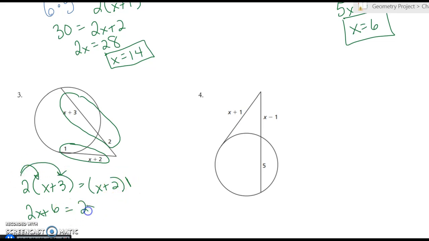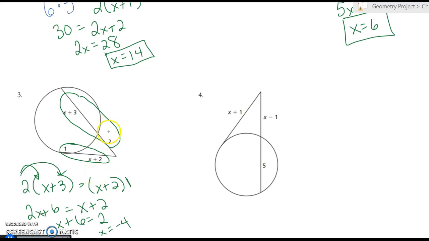And so I get 2x plus 6 because I distribute. Distributing by 1 doesn't do anything, so I just get x plus 2, minus x on both sides, and I get x plus 6 is equal to 2. Then I'm going to minus 6 on both sides, and x is negative 4. Something's wrong with these numbers, because if I plug in a negative 4, I would get a negative number.